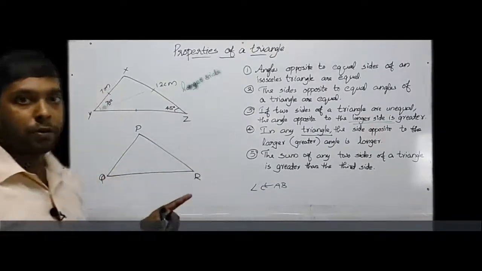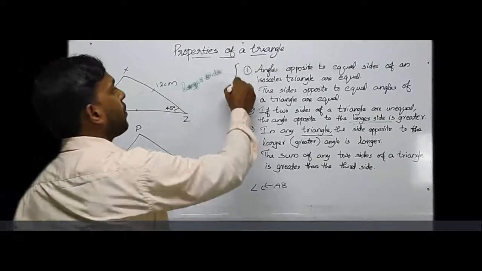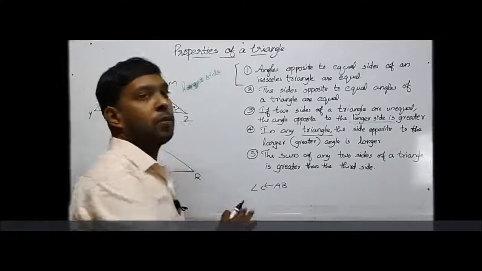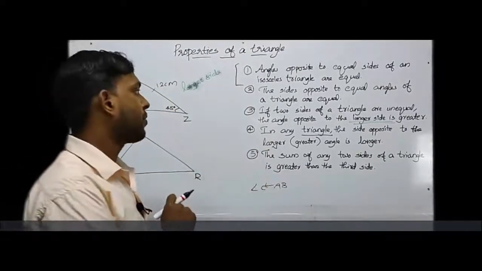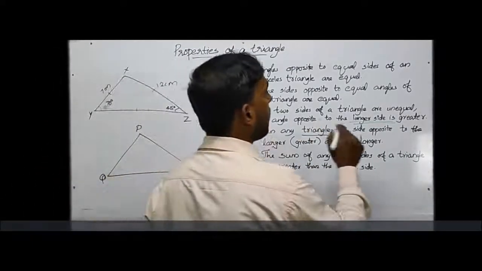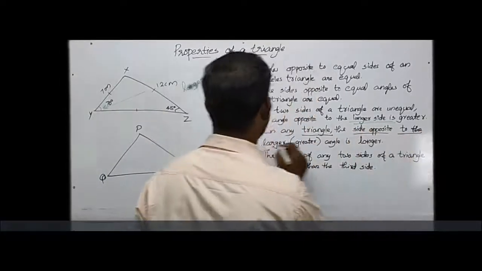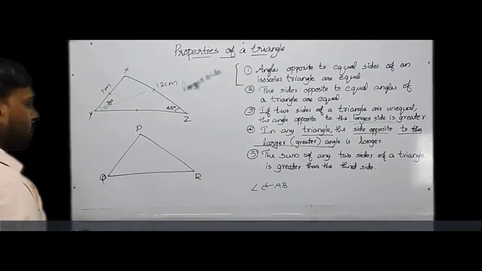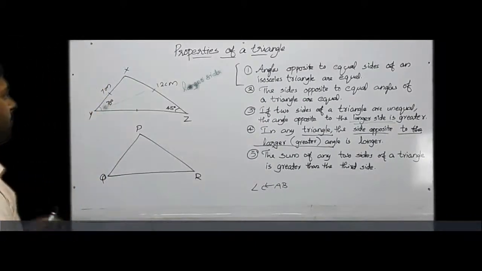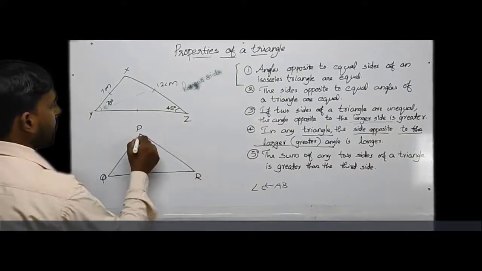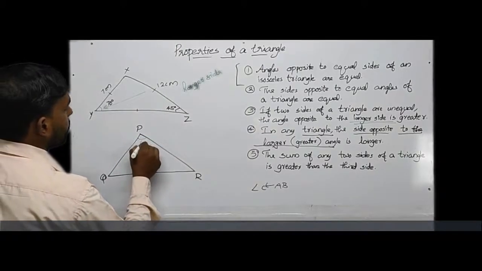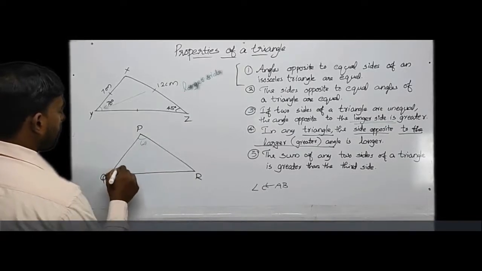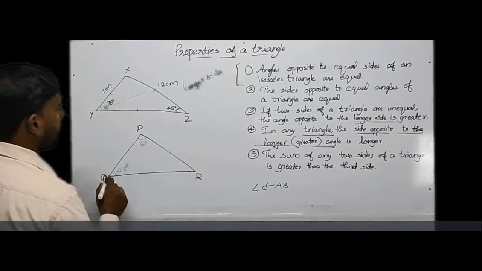As I have pointed out to you in the beginning, only the first property goes with the isosceles triangle. The rest of the properties can go with any triangle, including isosceles triangles. So in any triangle, the side opposite to the larger angle. Let me just mention certain measurements here. This is 60 degree and this is another 45 degree.